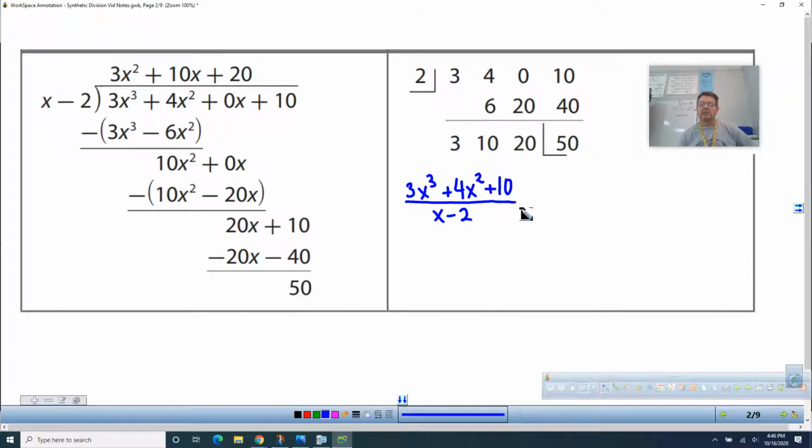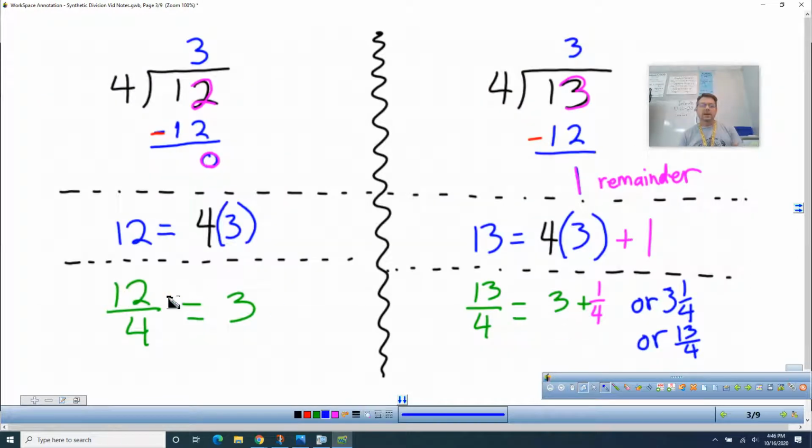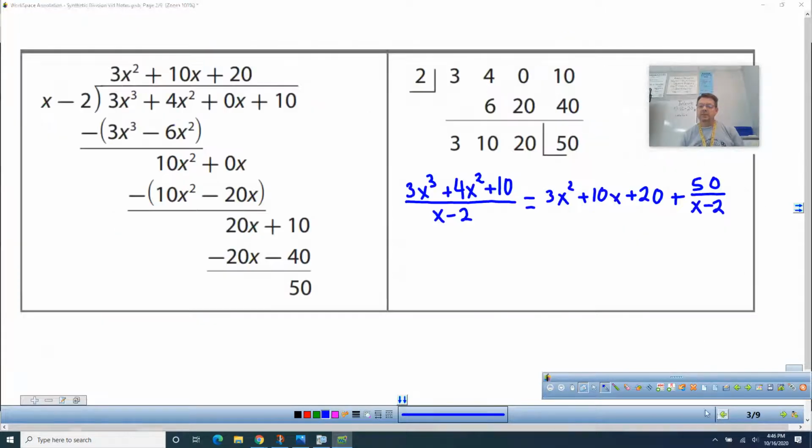That is equal to 3x squared plus 10x plus 20, plus the remainder, which would be 50 over x minus 2. Okay, so that's one way to do that, and that would be similar to this idea of 13 over 4 equals 3 plus the remainder over the divisor. Okay, so that's that method.